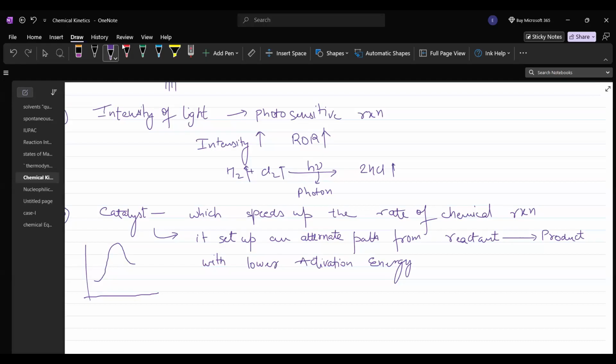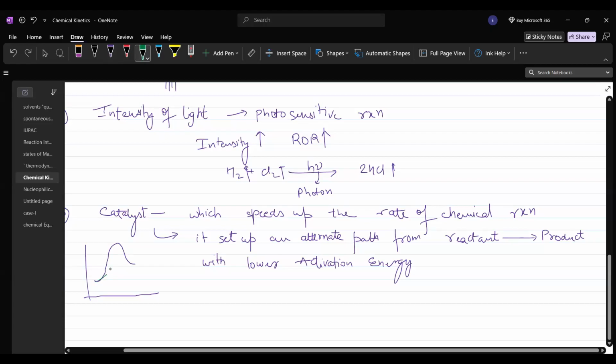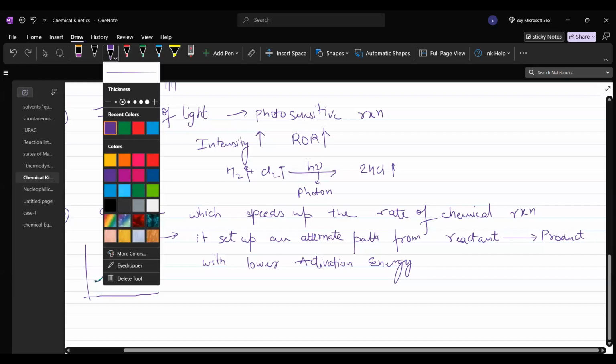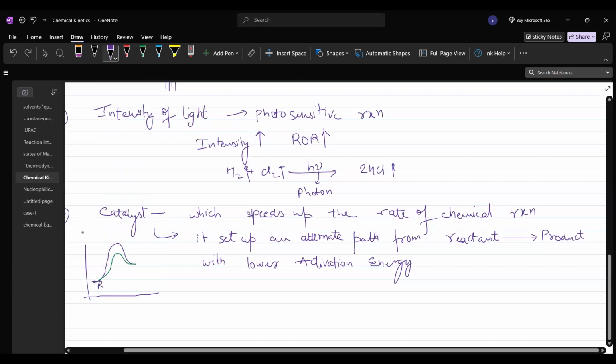So what is catalyst doing actually? It is setting up an alternate path and lower the activation energy. See, this is a reactant. This is energy versus time.